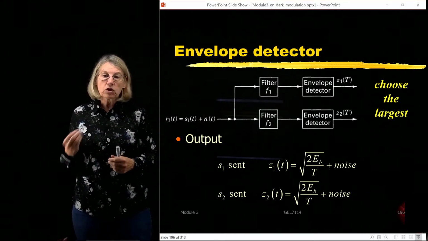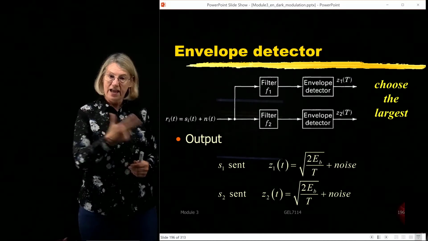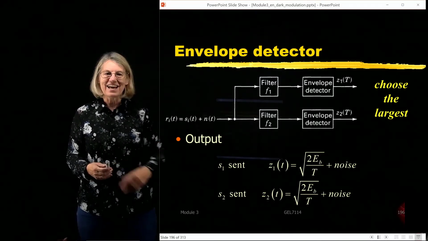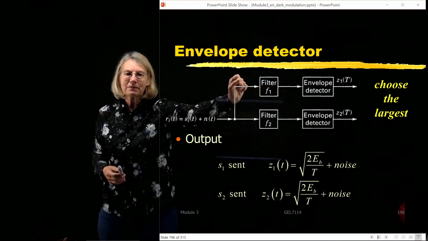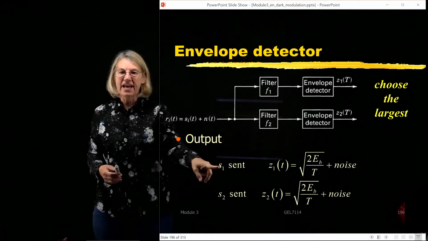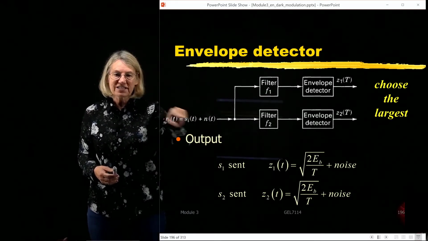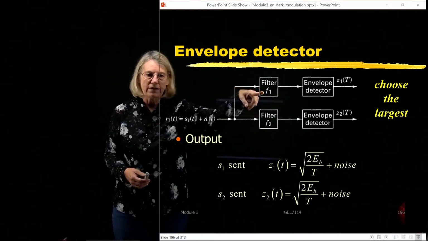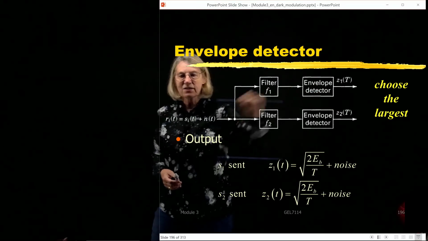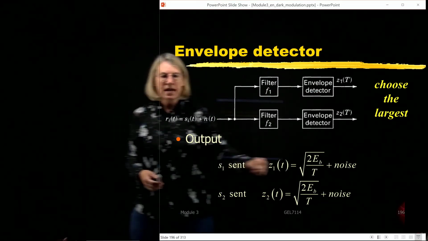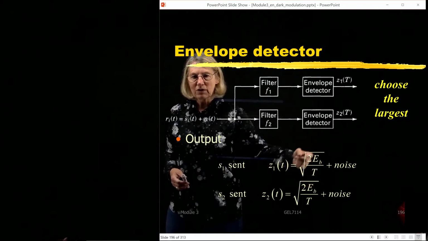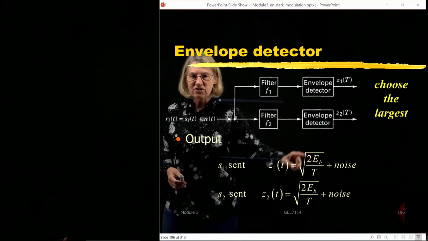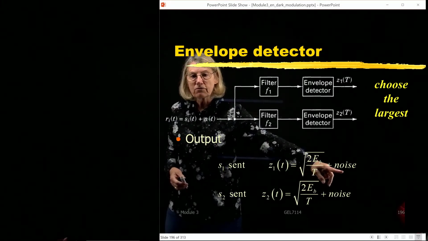The densities that we're going to be looking at are the Rayleigh and the Rice density, and I'll show you them now. But the important thing to realize is that when we look at filter 1, the output, if I'm actually sending symbol number 1, which is sent on frequency 1, then my test statistic, what comes out of my envelope detector, is going to have a part which is, of course, related to the presence of the symbol, because I sent S1, so the energy is there, plus there's going to be a component from noise.